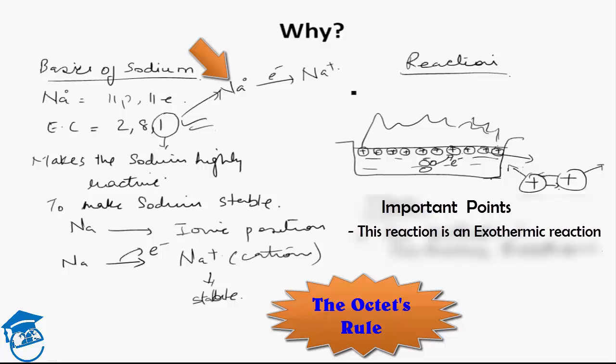Now this ion has 8 electrons in its last shell, which is much more stable than the normal sodium element. So the positive ion of sodium is much more stable than neutral sodium.